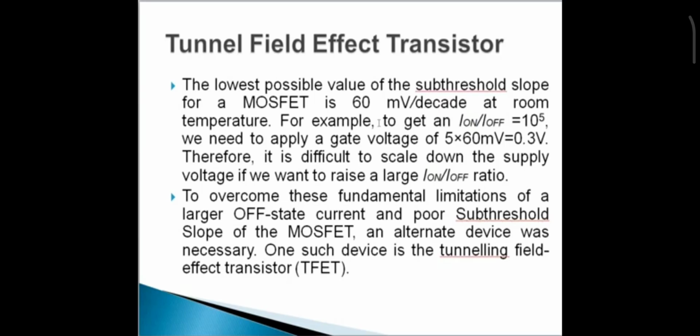Therefore, it is difficult to scale down the supply voltage if we want a large Ion/Ioff ratio. To overcome this fundamental problem of poor subthreshold slope and large off current of the MOSFET, an alternative device was necessary. One such device is the TFET, the tunneling field effect transistor.